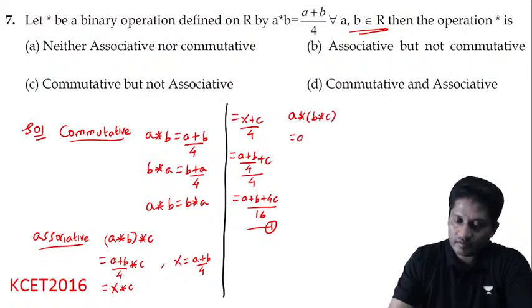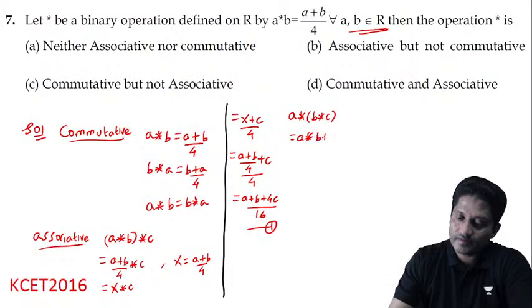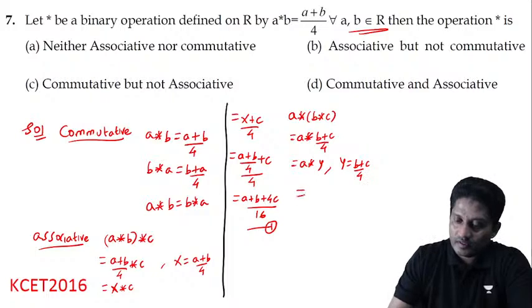Okay, now I'm going to take A star (B star C). B star C is B plus C by 4, right? I'm going to take this as A star capital Y, say that capital Y is equal to B plus C by 4. So A star Y is A plus Y by 4.